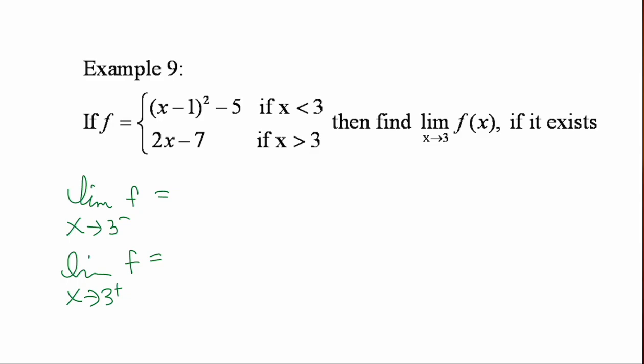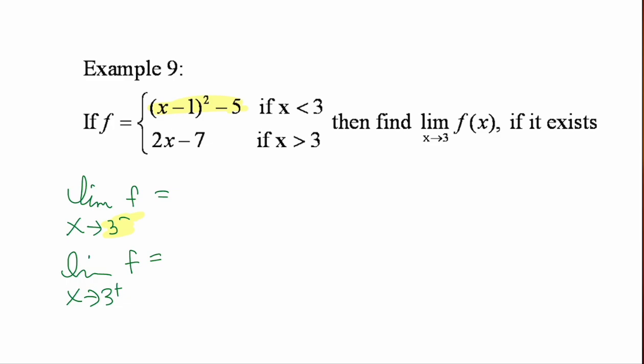But because it's a border value, we have to check the border, to see whether one graph is touching the other graph, and that would tell us that the pieces match up. So for this notation here, that left side, that's numbers that are less than 3, so we're going to use this function. So let's try direct substitution there.